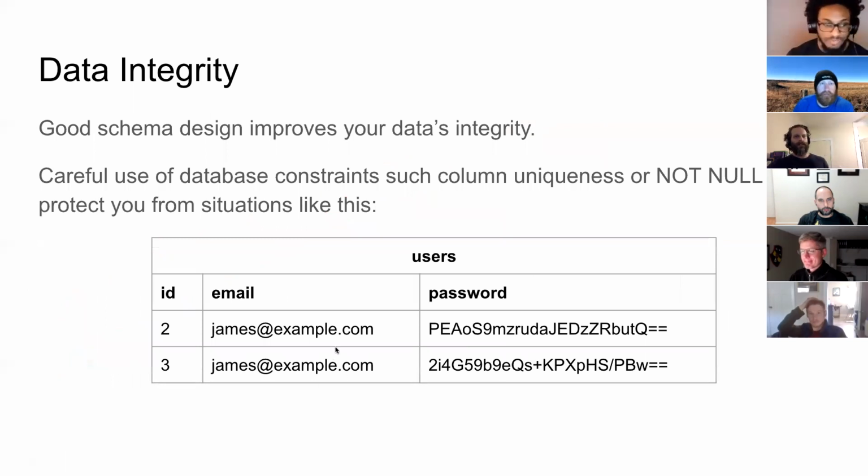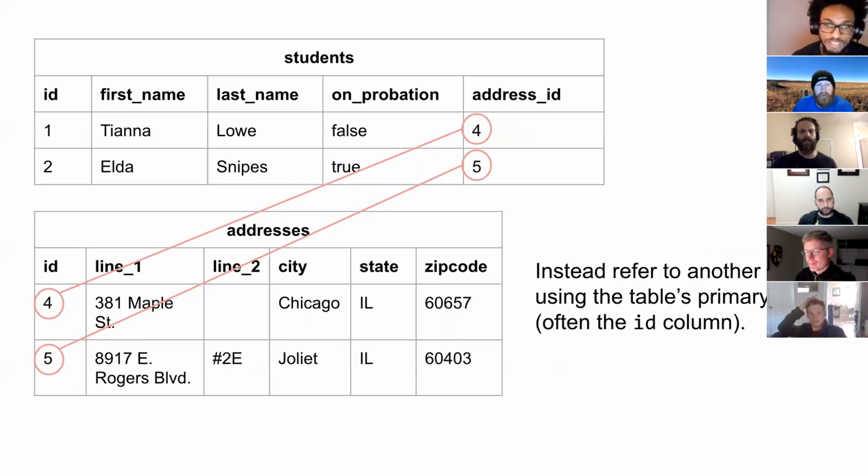Okay, so here's an example. Is there a question? Yeah, I was just going to ask if there was any preference, say, if someone wanted the address with ID 4 to have a column saying it's linked to student ID 1, instead of student ID 1 saying it's linked to address ID 4.